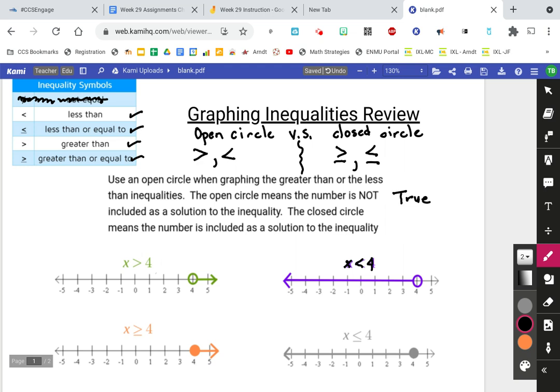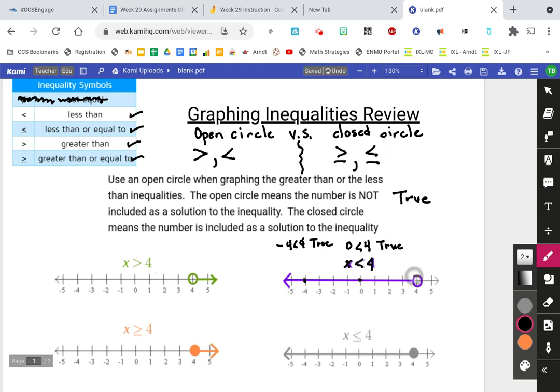For instance, I could choose this number right here. 0 is less than 4 is a true statement. I could choose another one right here. -4 is less than 4 is a true statement.